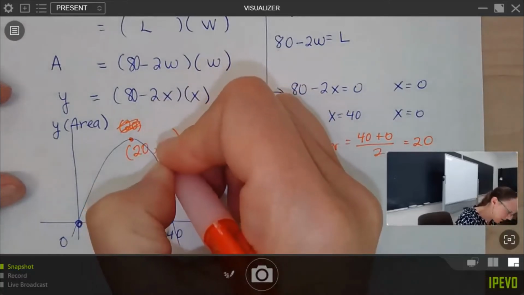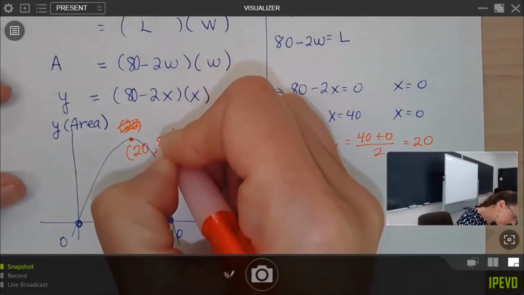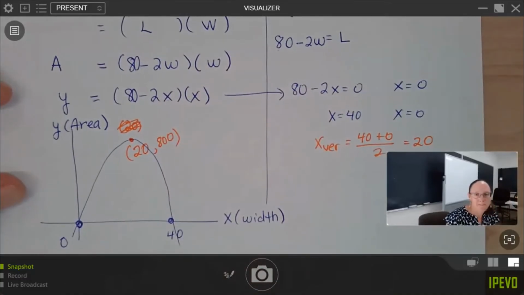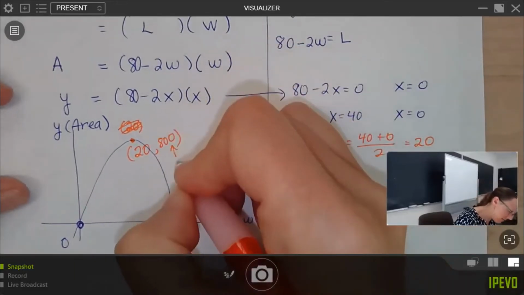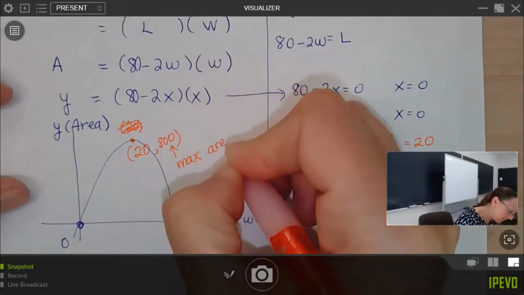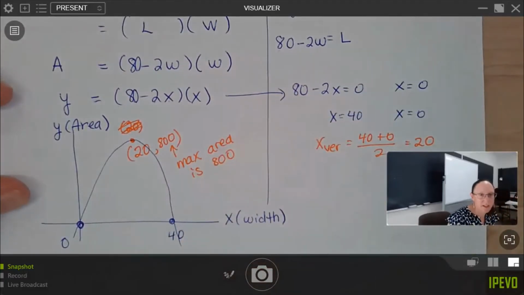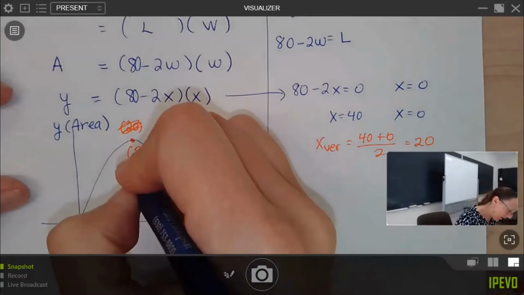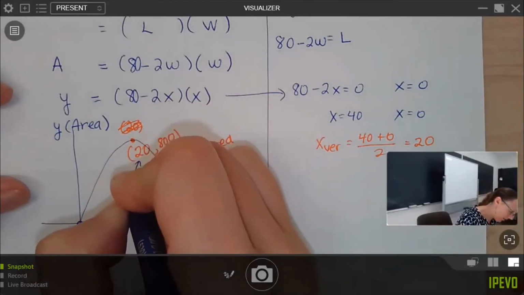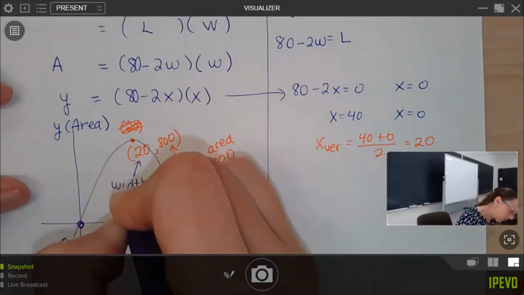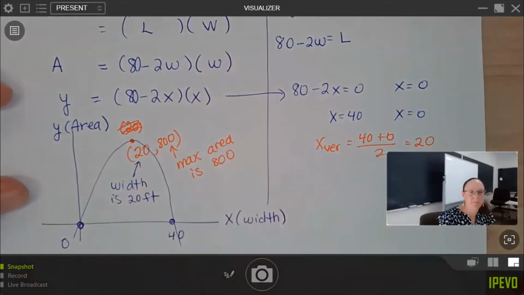Yeah, 40 times 20. That just told me that the maximum area is 800. And we get that maximum area when the width is 20 feet.